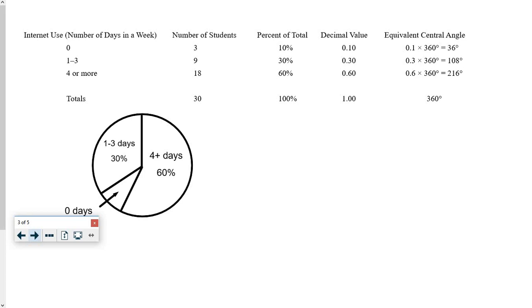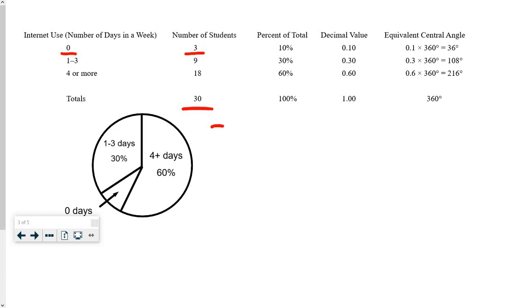Again, this may be a little small at home, but listen up and you can find out here. The internet use, number of days in a week. If there's 0 days right here, we're going to go red. The number of students that use it 0 times a week is 3 out of the total, because there's 30 total. Out of the whole, everybody that's asked, it's 30 people.